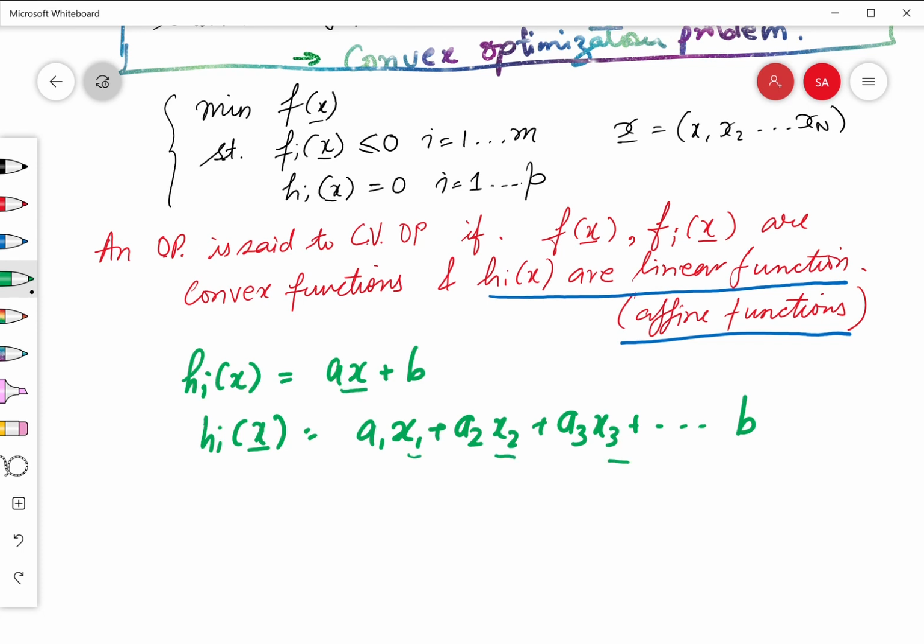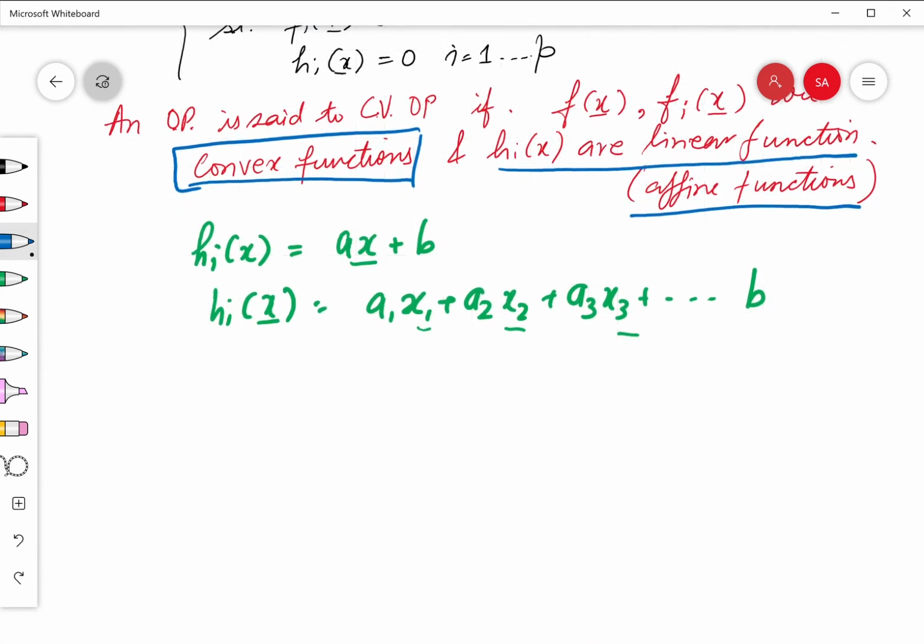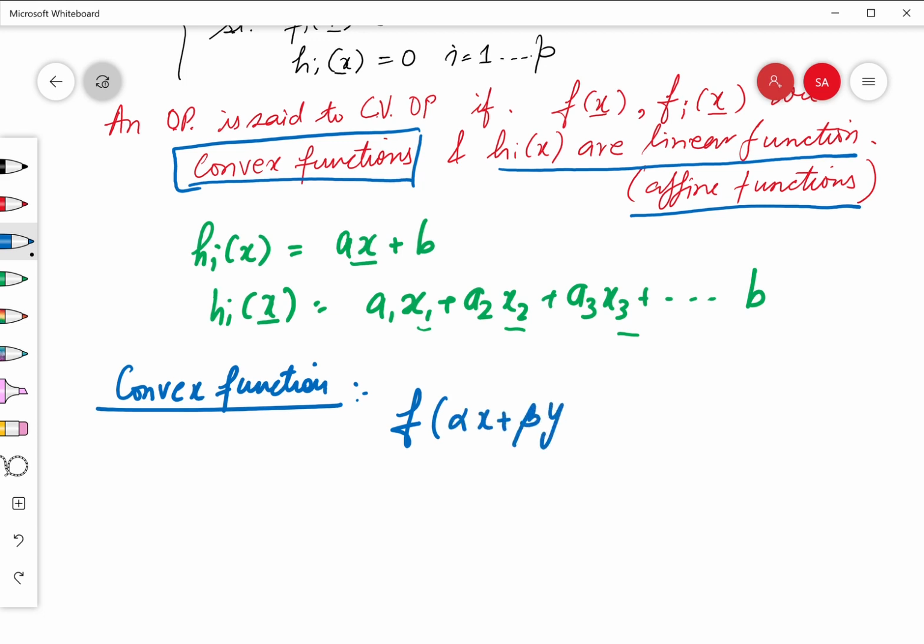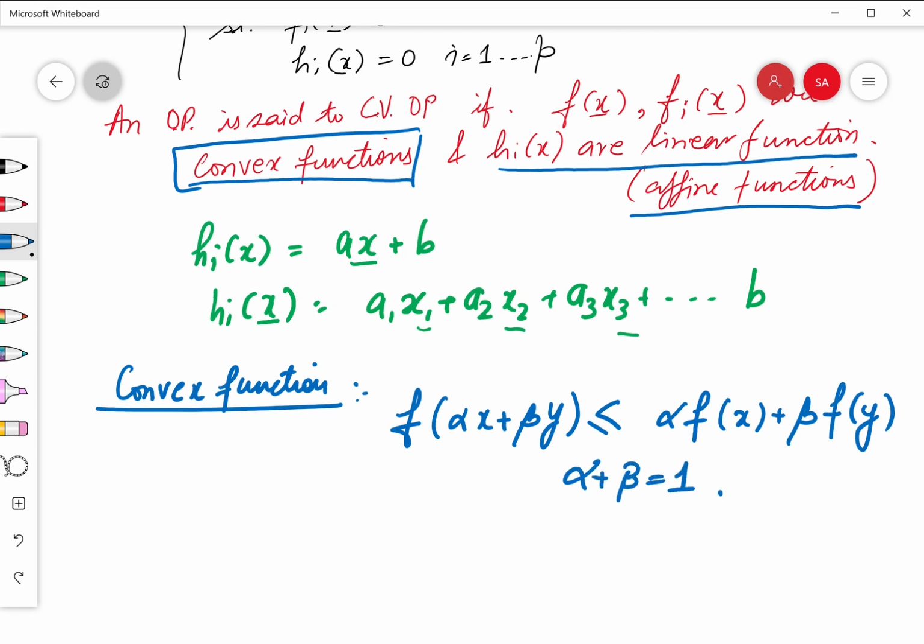Okay, now what are convex functions? You all know convex functions. The definition of a convex function is that a function is convex if f(alpha x plus beta y) is less than or equal to alpha times f(x) plus beta times f(y), where alpha plus beta is equal to 1.